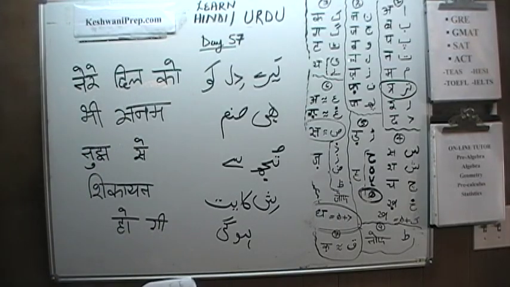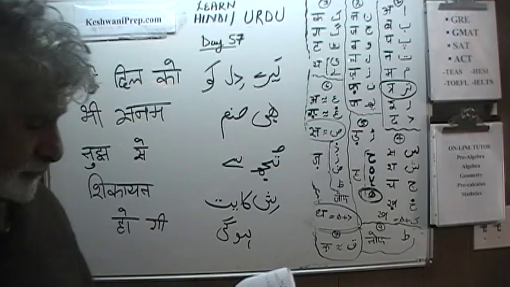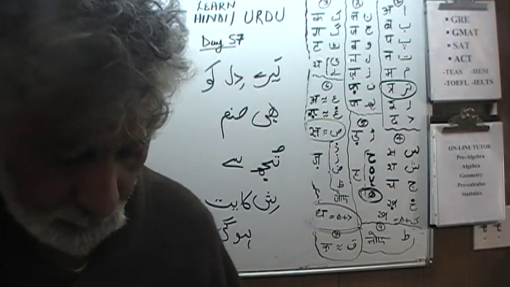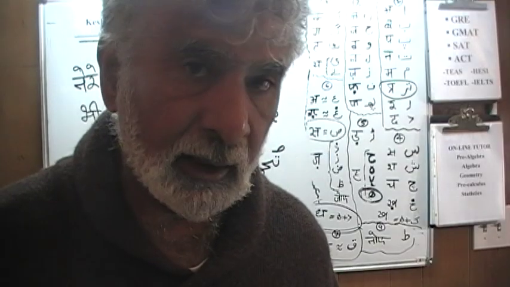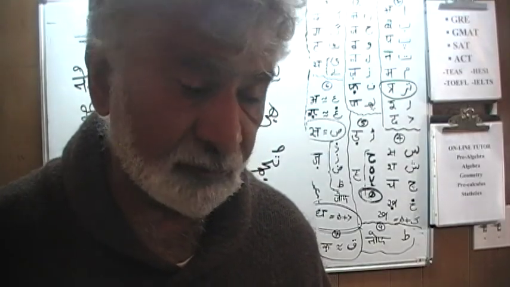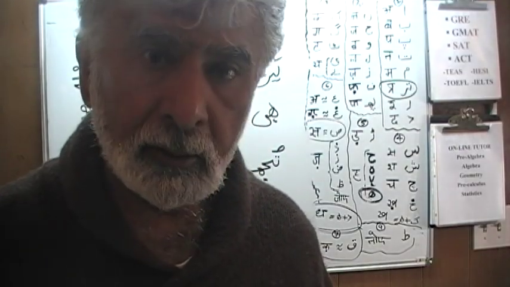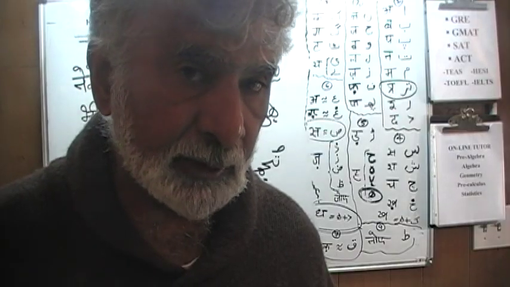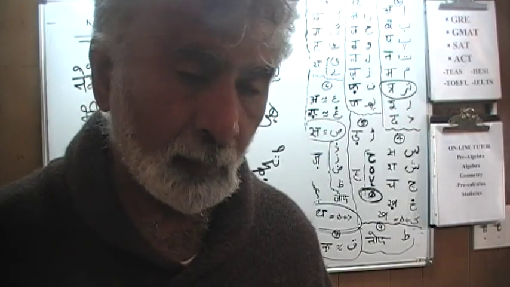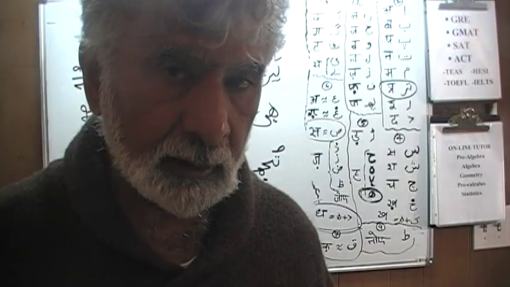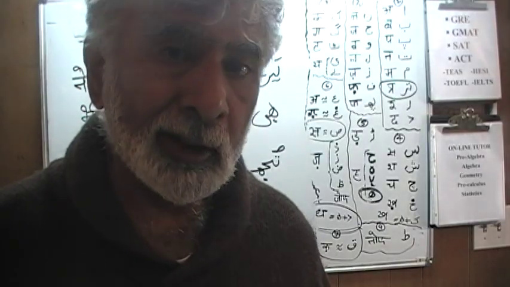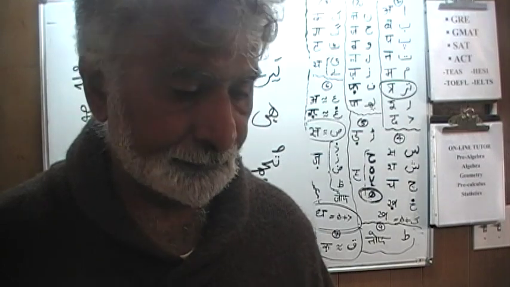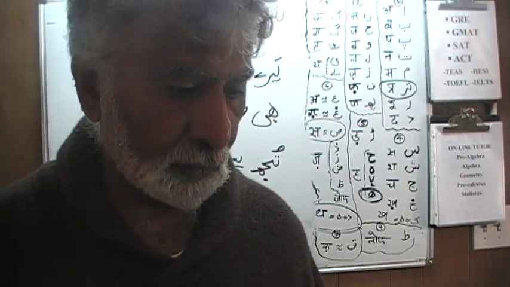तेरे दिल को भी सनम तुझसे शिकायत होगी. As you can clearly see, my eyes are already complaining to you. मेरी नजरें तो गिला करती हैं. There will come a point in time, there will come a day when even your own heart will begin complaining to you about the way you treated me, the treatment that you meted out on me.